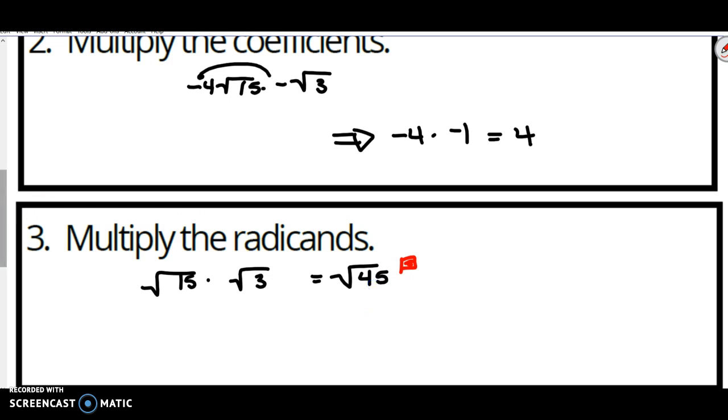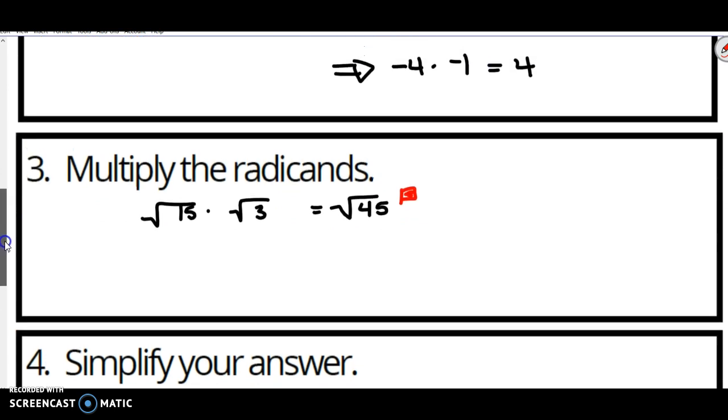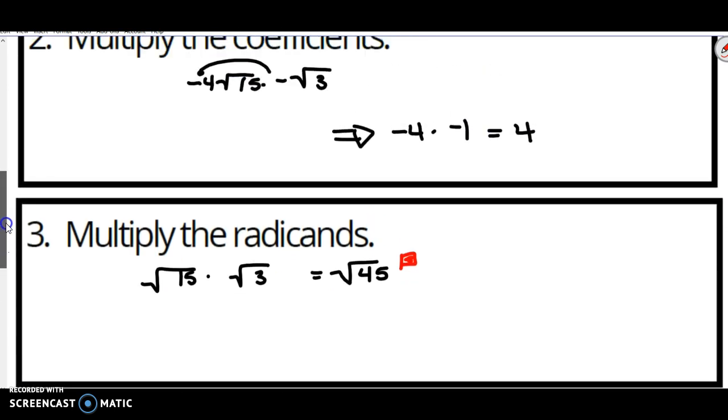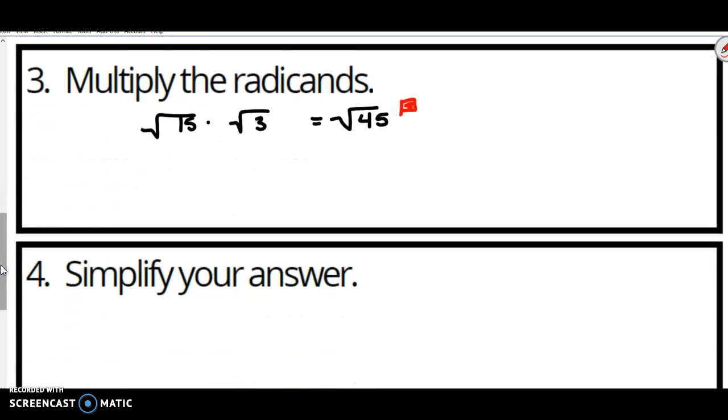We need to simplify that. So negative 4 square root of 15 times negative square root of 3 is going to give us 4 root 45.